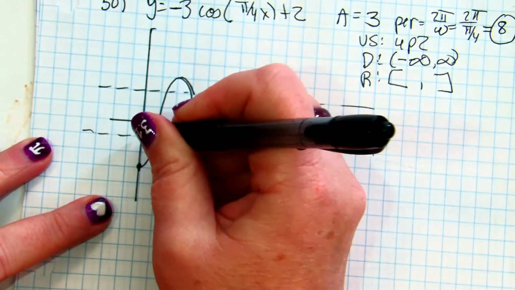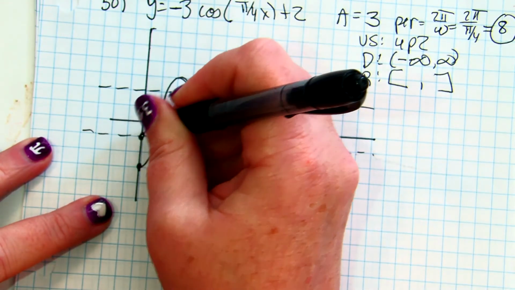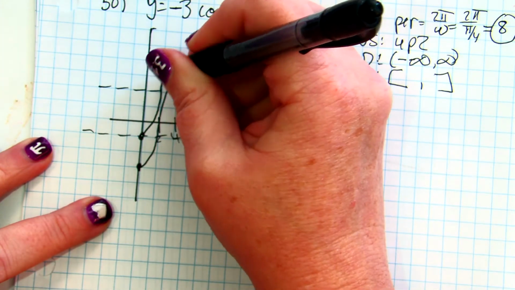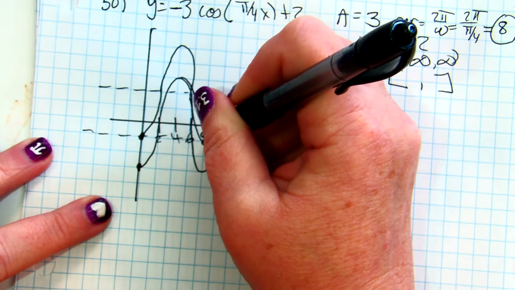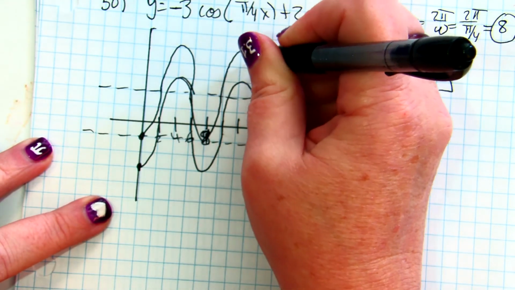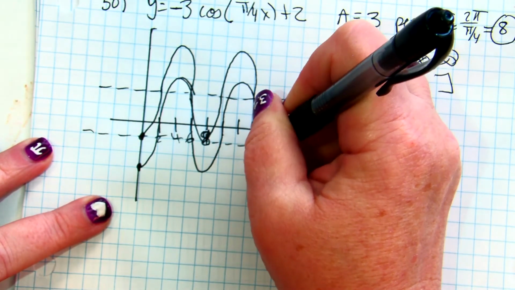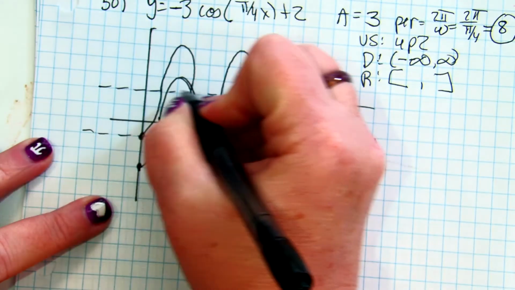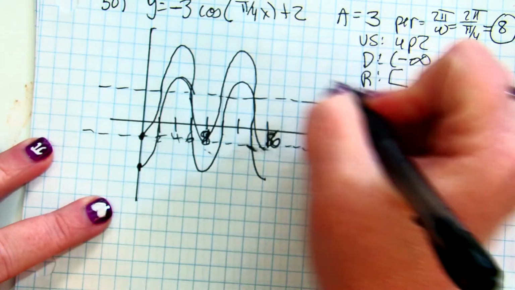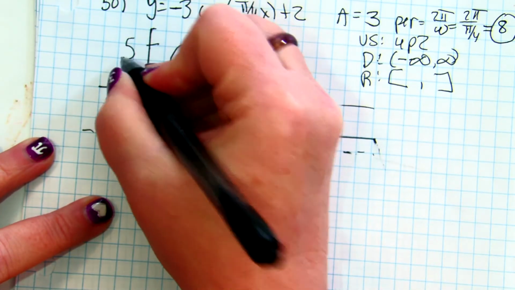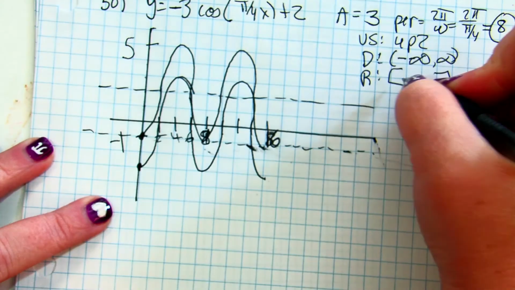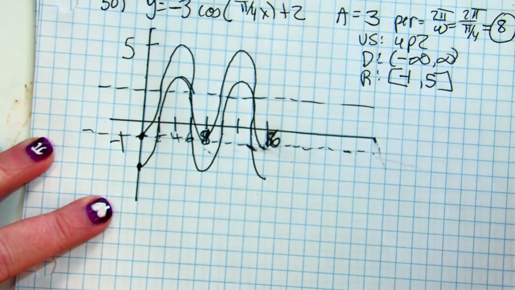But this starts at the bottom, and then it's going to go here, and then up 3, and then here, and then down 3, and then up 3, and down 3. So it makes more sense to write it at 2. It went all the way up to 5, and it starts at -1. -1 to 5 is the range.